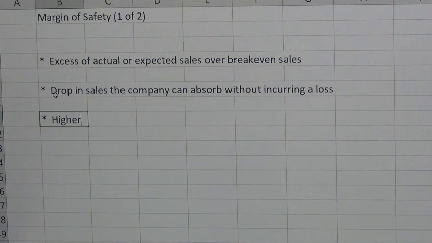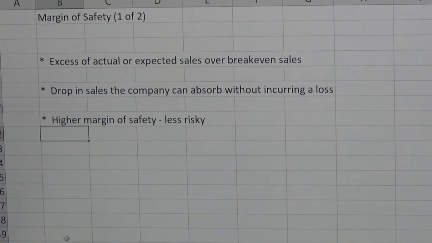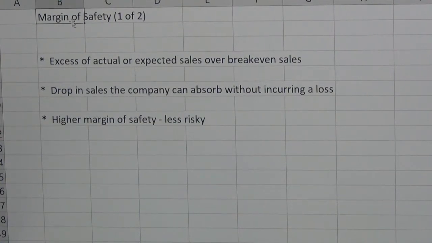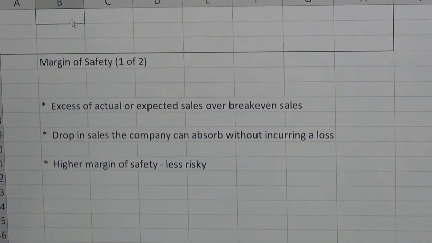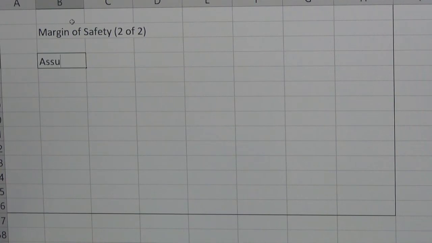So the higher margin of safety, we have less risk. That should be pretty obvious, but we certainly would like a situation where we can have a pretty significant drop in sales and still be able to survive. So let's assume K generally sells 950 posters a month.